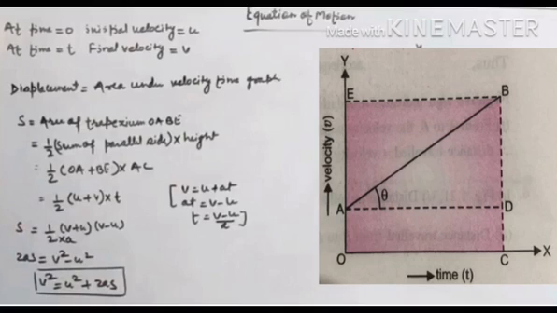When we transfer 2A to the other side, 2AS is equal to V square minus U square. Now this is the third equation of motion, which is the required equation for position velocity relation. This is the method by which we derive the three equations of motion using graphs, or graphically.